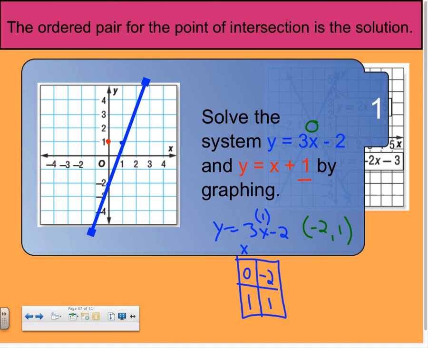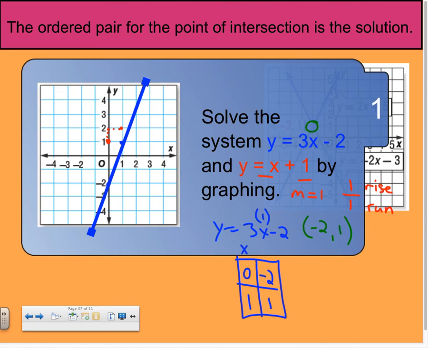The slope is the coefficient of x, which here we don't seem to have, so that means our slope, or m, is equal to 1. We can rewrite 1 as a fraction, 1 over 1, and use 1 as our rise and 1 as our run. So we go up 1 and over 1, and this would be another point.